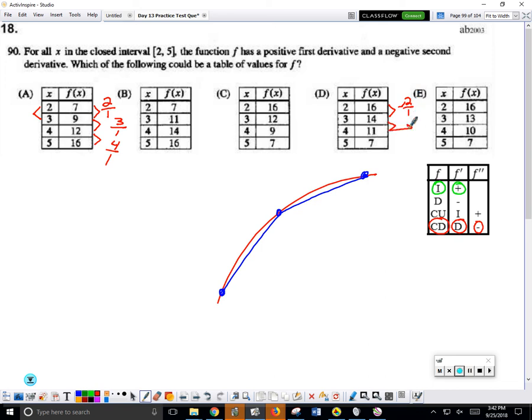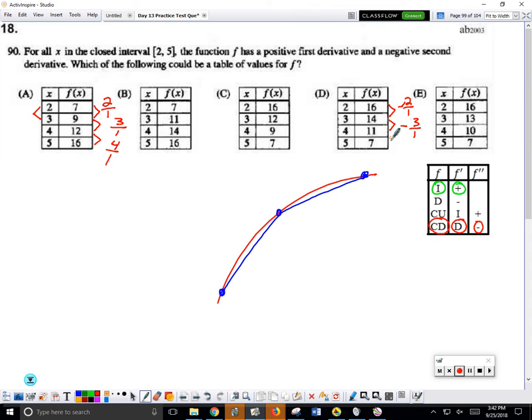Negative 3 over 1. Oh my gosh. Go ahead. And then negative 4. So are those secant slope values decreasing or increasing? Decreasing. From negative to more negative. So that's the right answer.